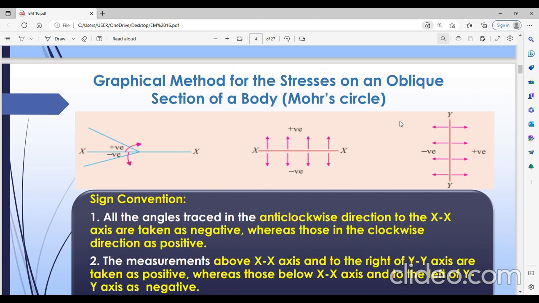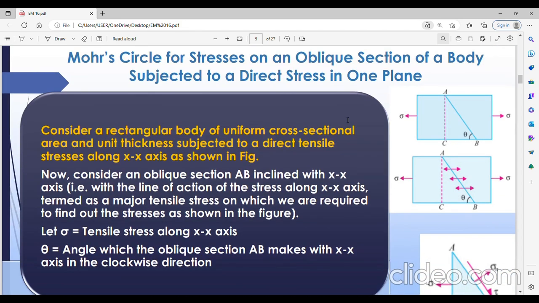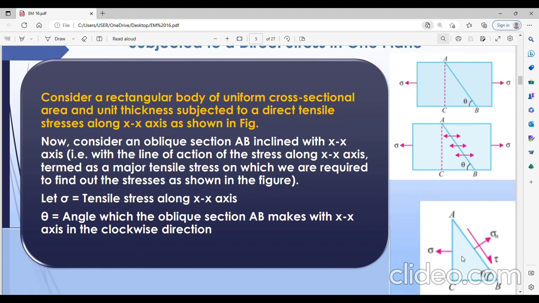Now we have seen three different conditions to find the stresses on an oblique section. Here in this particular example, you can see an oblique section having only one principal stress, in one perpendicular direction, that is sigma.